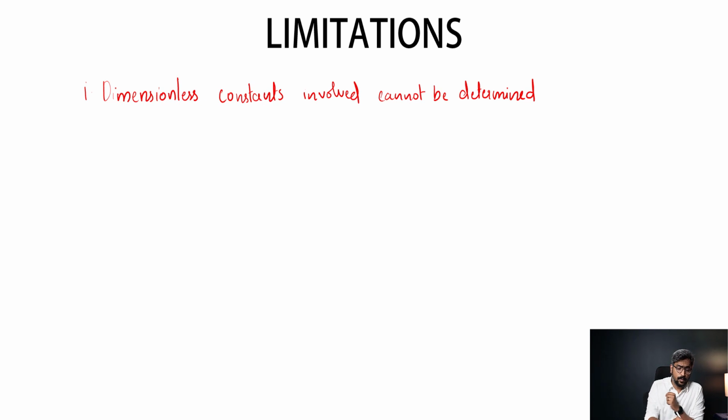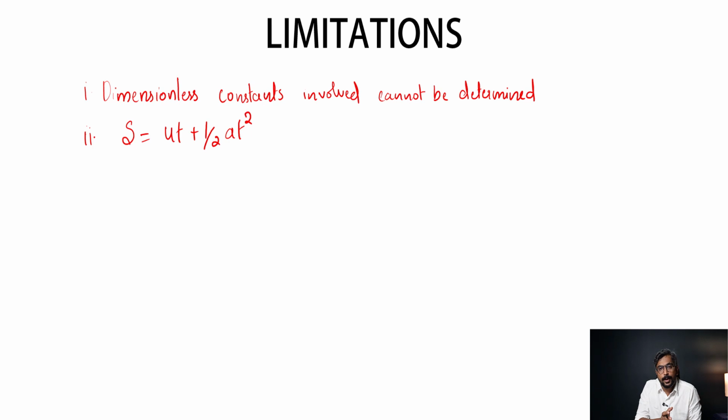The next very foremost limitation is that the correctness check using this dimension analysis will not always be true. For example, S is equal to ut plus half at square.